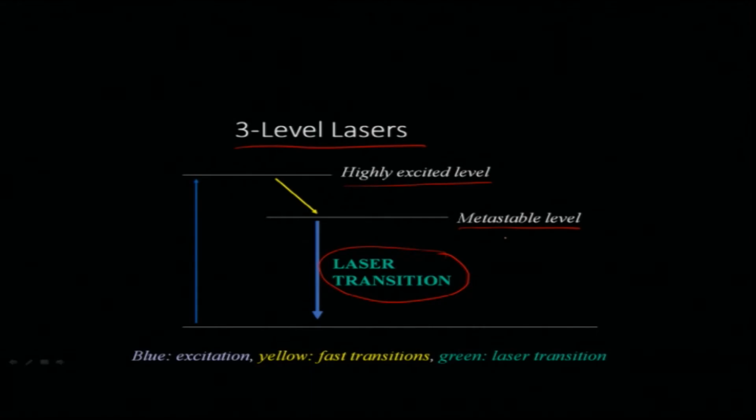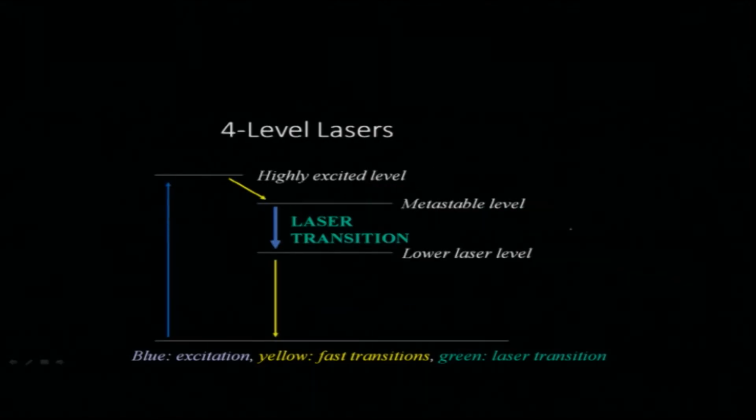So, by involving more than 2 states, this can be looked at. You can also have a 4-level system, for example, where the highly excited state comes to another state as before, the metastable state, and then there can be another lower laser level, which is not exactly the state from where you started the whole process.